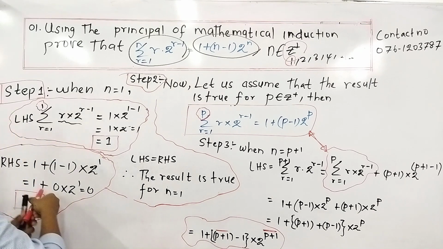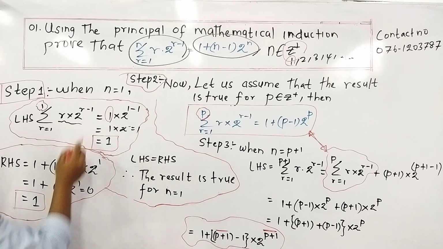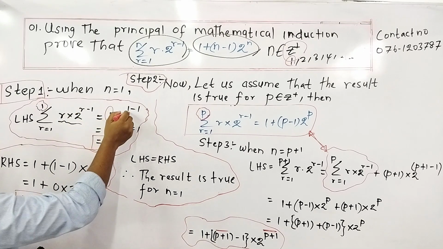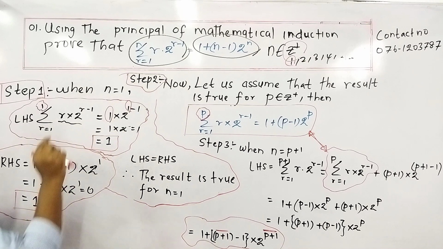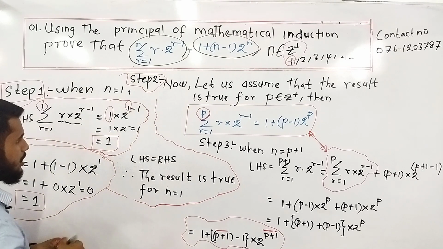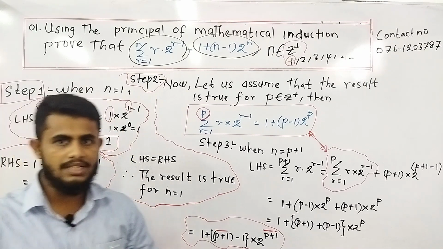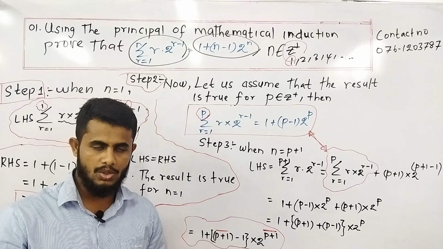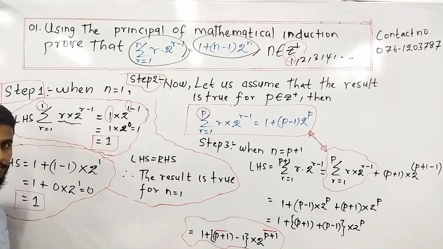Here we have r, so instead of r I put 1. Here also I have r, instead of r I put 1. So 1 into 2 to the power 1 minus 1, it means 1 into 2 to the power 0. You all know any number with the power of 0 is equal to 1. So 1 into 1 is equal to 1.